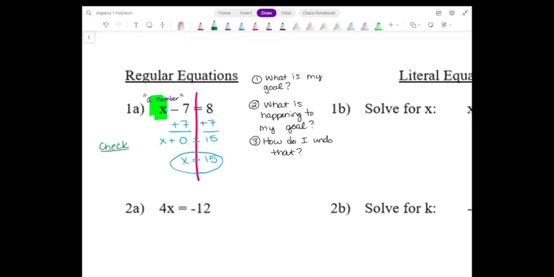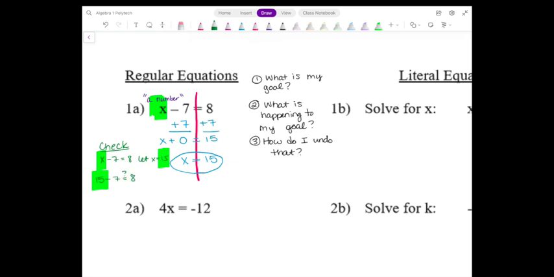I say, okay, if x minus 7 equals 8, I'm going to let x equal 15. All right, so that means that anywhere I see an x, I'm going to put a 15 there, just substituting that 15 in. Anywhere I see an x, I'm subtracting 7, and I want to know, does that equal 8?